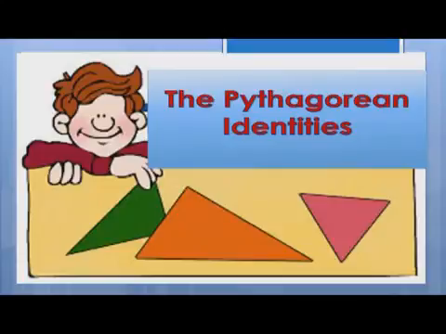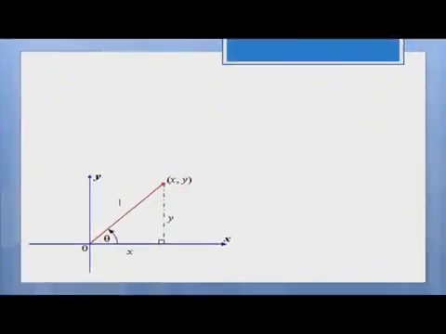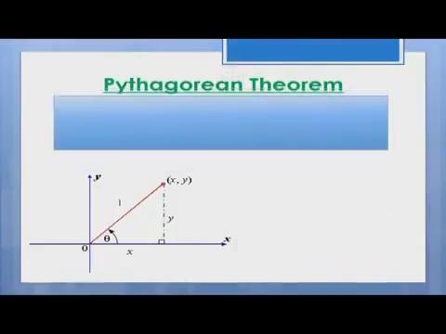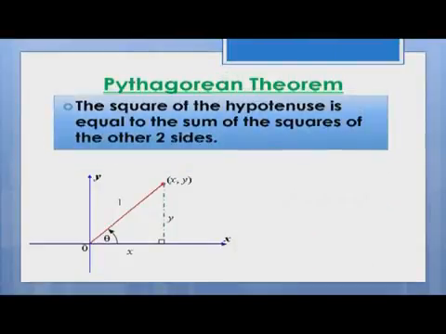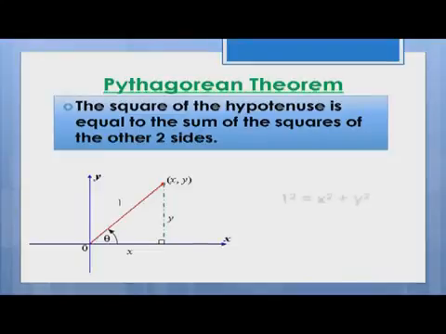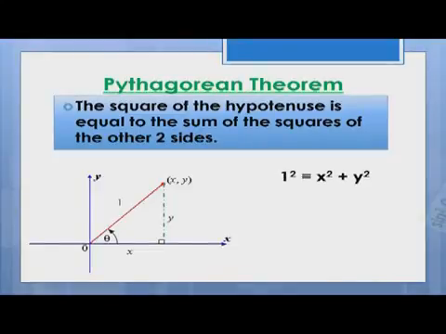Now let's move on to the Pythagorean identities. The Pythagorean theorem: the square of the hypotenuse is equal to the sum of the squares of the other two sides. The hypotenuse is 1, so 1 squared is equal to x squared plus y squared.